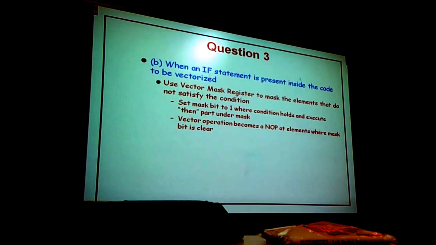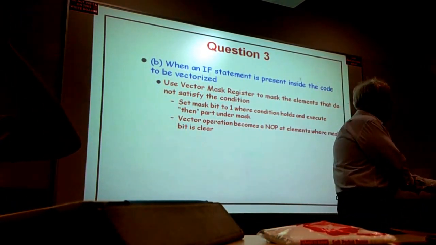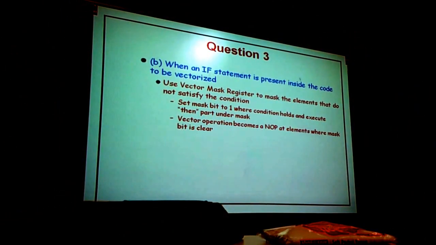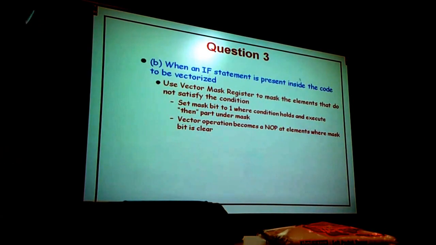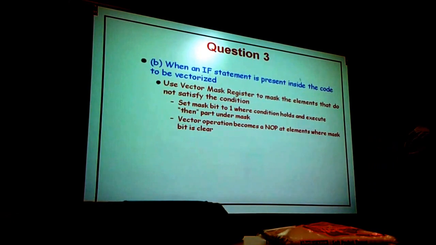Okay, so we have a vector mask register. Each element of the vector mask register is just a bit, and this mask bit will indicate for the corresponding element whether the operation should be applied to that element or not.